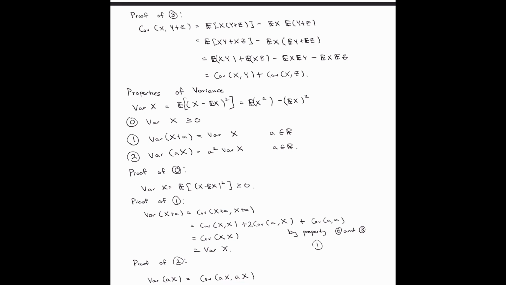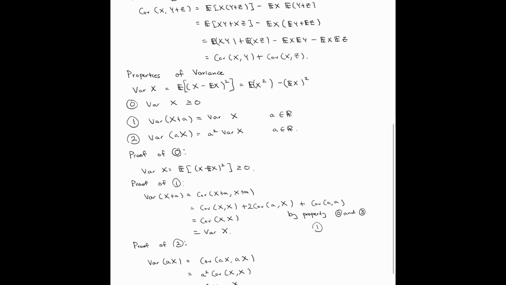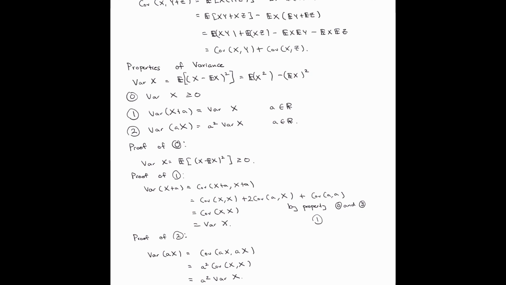So this becomes A squared covariance of X and X. But again, by applying the definition of variance, covariance of X and X is variance of X. So we showed the second property as well. So this is a good exercise for you to get familiar with the properties of covariance. So you should try to prove this, and I think this is true. So good luck with that.